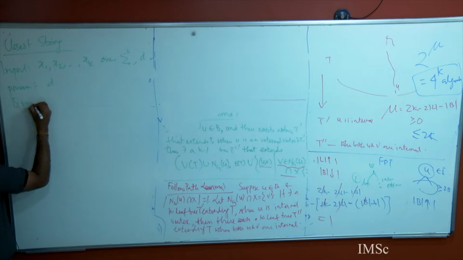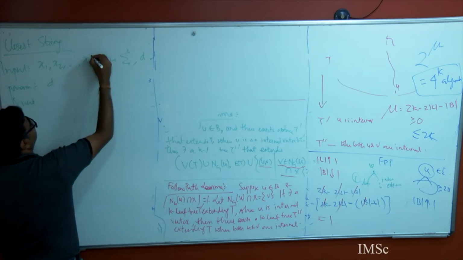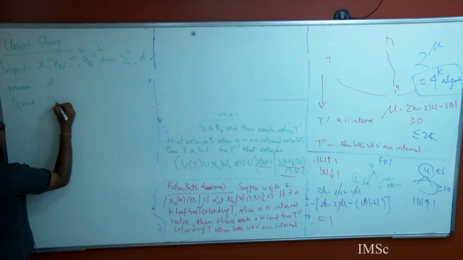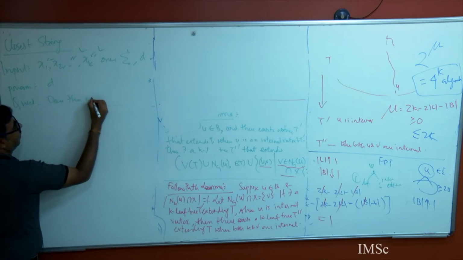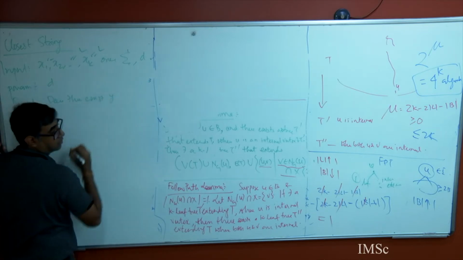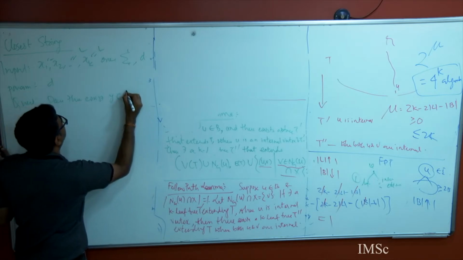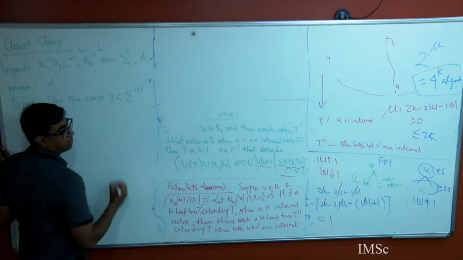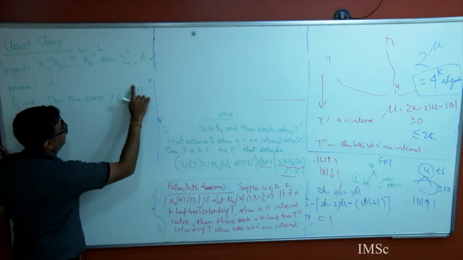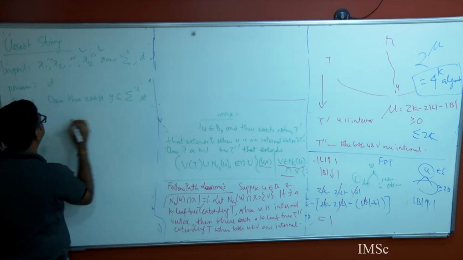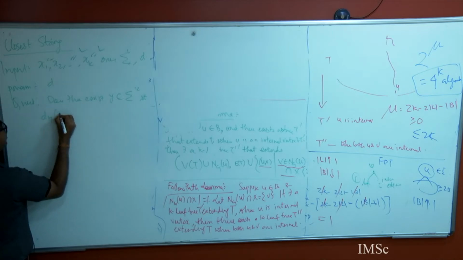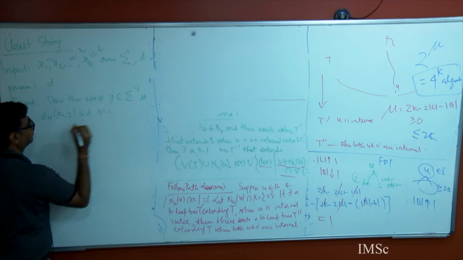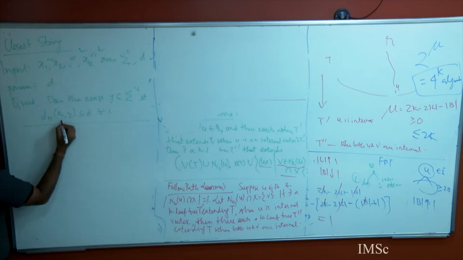Suppose each of these has length L. Question: does there exist y in sigma to the power L such that the Hamming distance between xi and y is less than or equal to d for all i? This is also called center string.